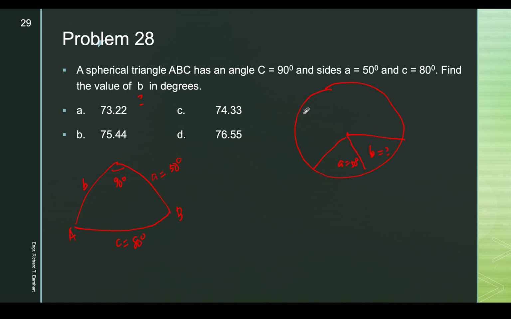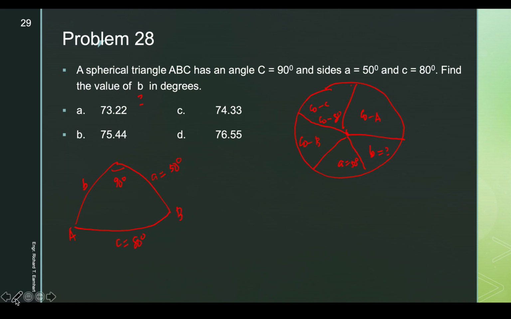Side B. Okay, the opposite of A is co-A, and then opposite of B is co-B in the Napier circle, and then this is your co-C or co-80 degrees.